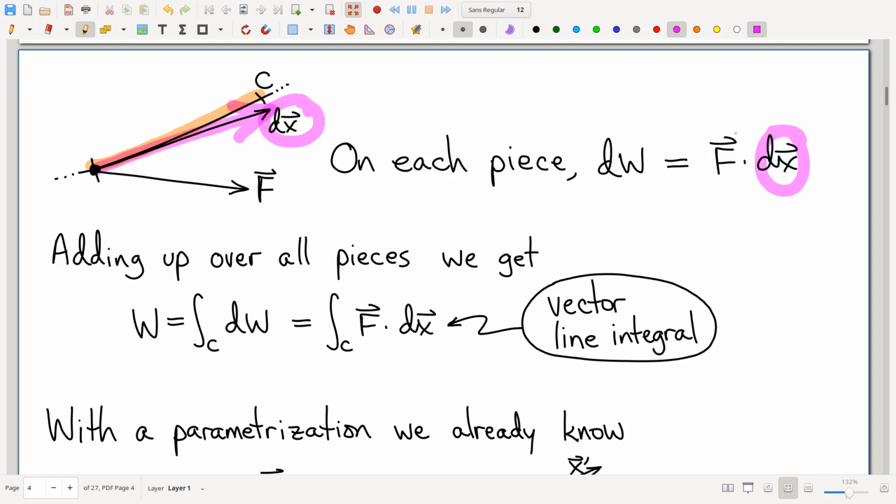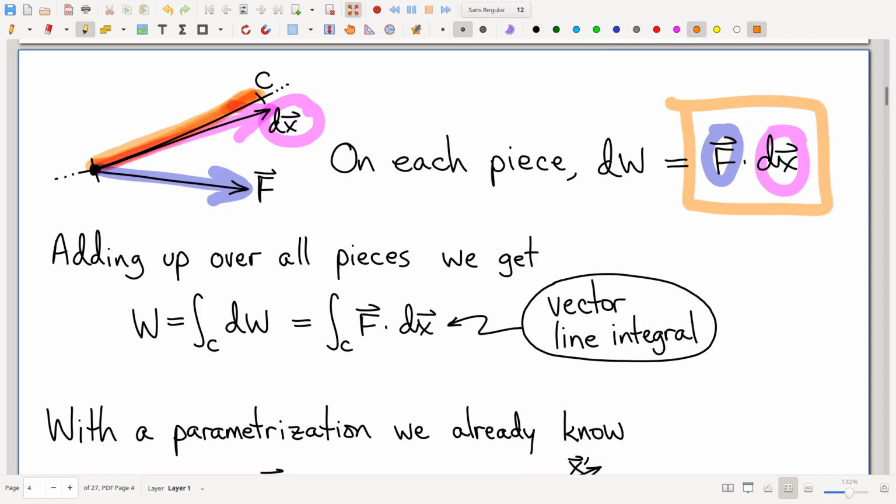But again, round-off errors are going to go away. It's not a problem. And then we also need to know the vector field, namely what is the force that I'm exerting as I move along that piece of curve. And again, it's not exactly constant, but it's an itty-bitty, teeny-weeny little piece of curve. It's approximately constant. Round-off errors are going to go away. And that's what we get then on this little piece of curve.